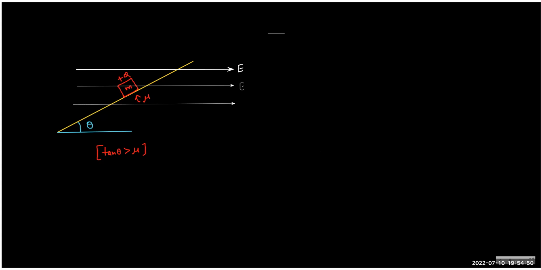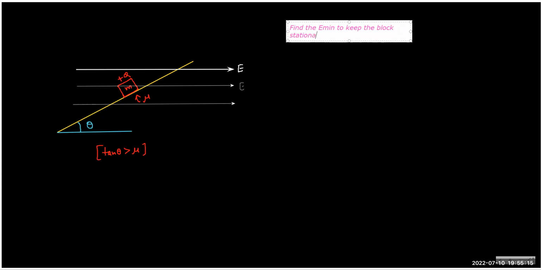So the question is, there are two questions to solve again from same laws of motion. Find the E minimum to keep the block stationary. There was a trick also, like from E minimum to E maximum.